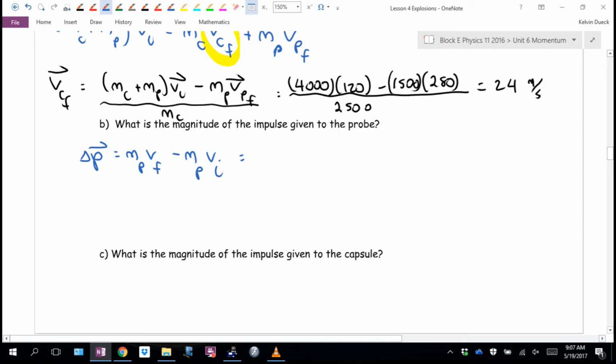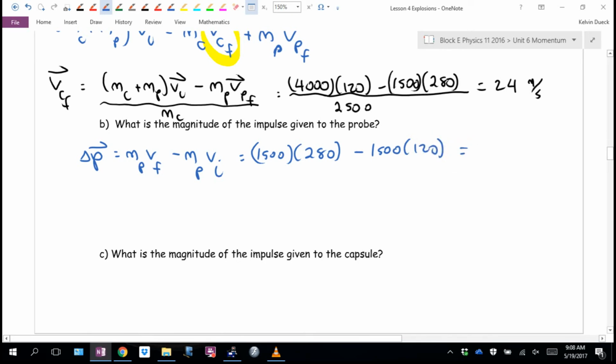I've scrolled down. What was the mass of the probe? 1,500. What was the final velocity of the probe? Minus mass of the probe, 1,500. What was the initial velocity of the probe? And before you answer, double check, is there any change in direction? Do I need to let any of these be negative? Nope, Christina's shaking her head. What was the initial velocity? 120? Okay.